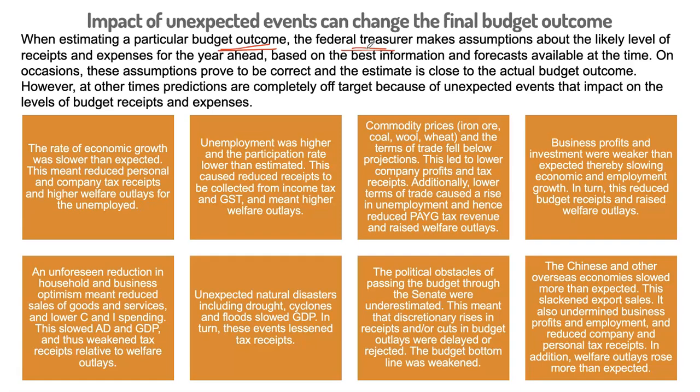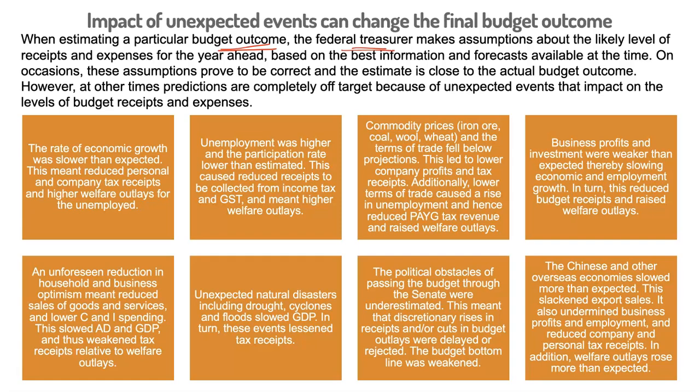They're based on the best information and forecasts available to them, often provided by independent agencies like Treasury, and they are often correct, but sometimes they are not. So very often, the budget outcome expected or estimated is not going to be the actual budget outcome. Now, there are lots of reasons why, and this slide goes through a number of reasons.